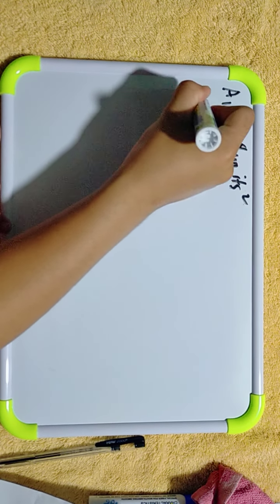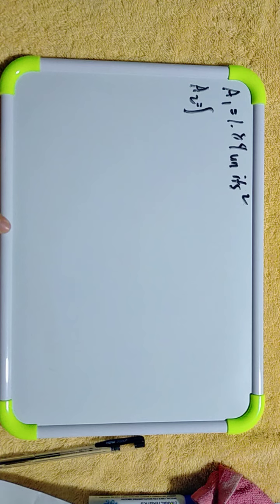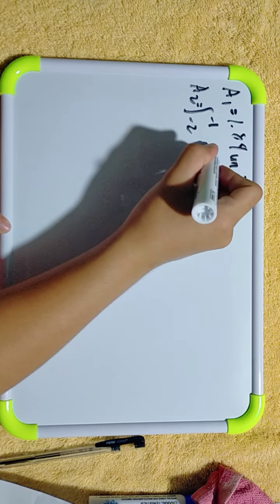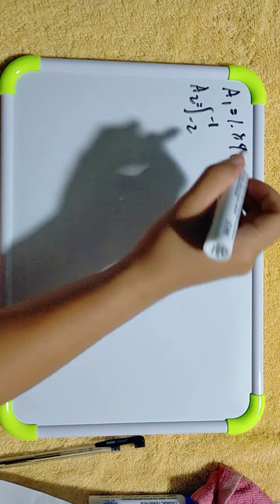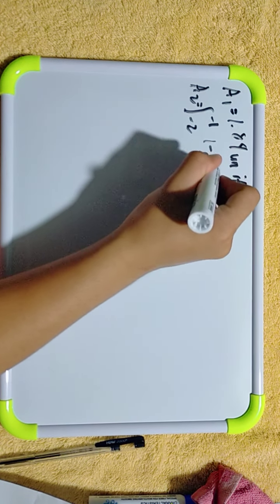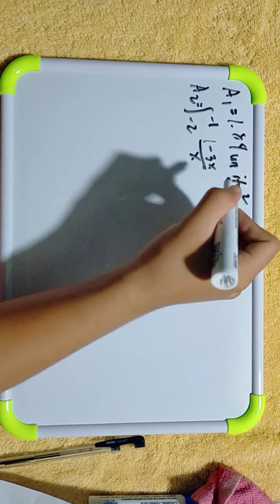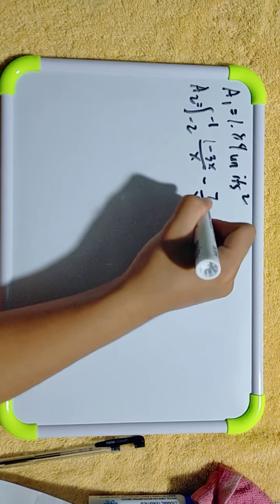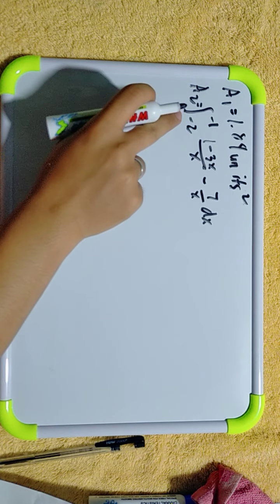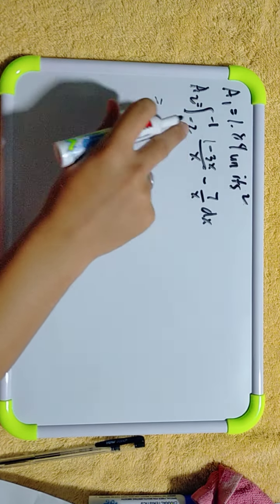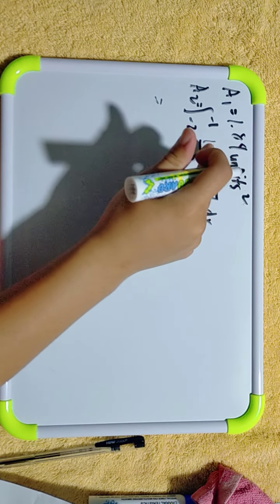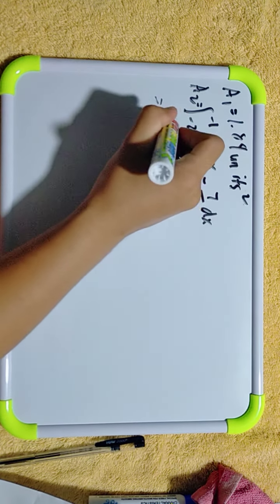So, area 2 is equal to, yung limits natin is negative 2 to negative 1. So, yung top natin is 1 minus 3x all over x minus 7 all over x dx. Pwede muna na hindi natin pansinin yung ating limits. And then, i-integrate natin every term.